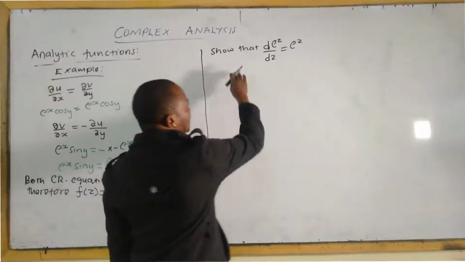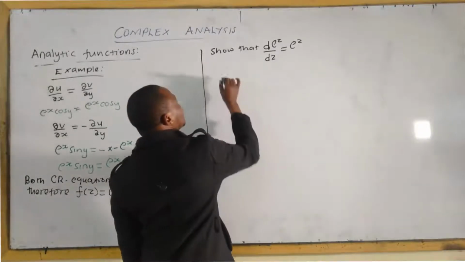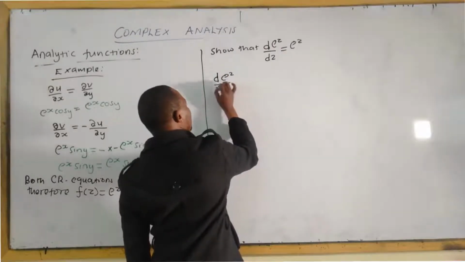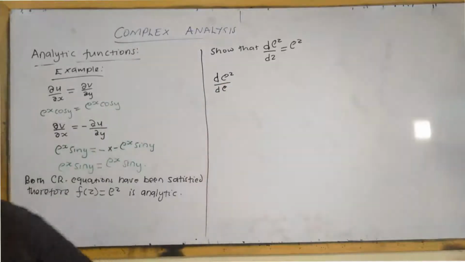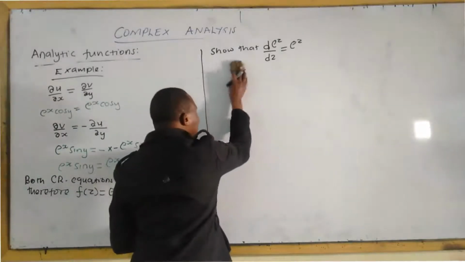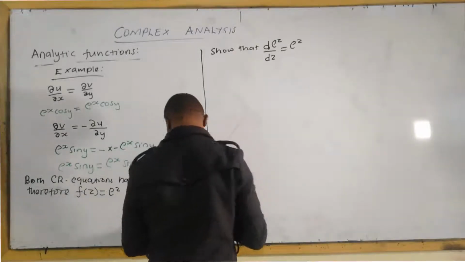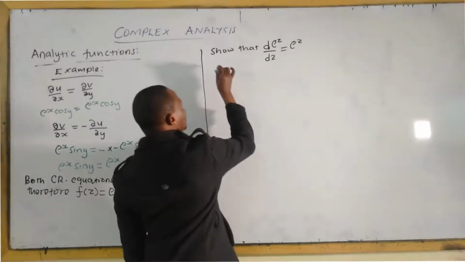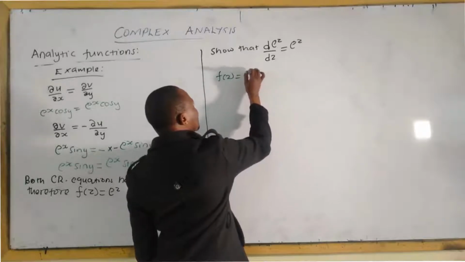So let us prove whether this is the case. We know from your calculus that our function of z, f(z), is equal to exponential z.